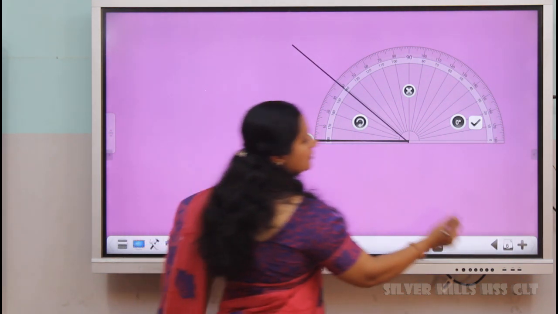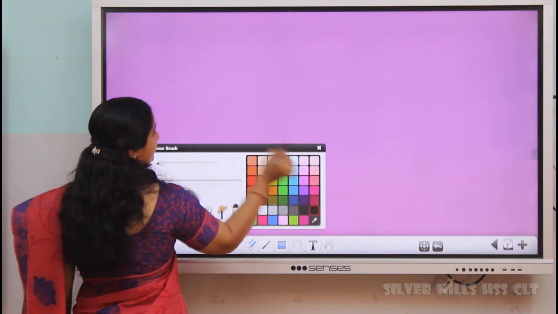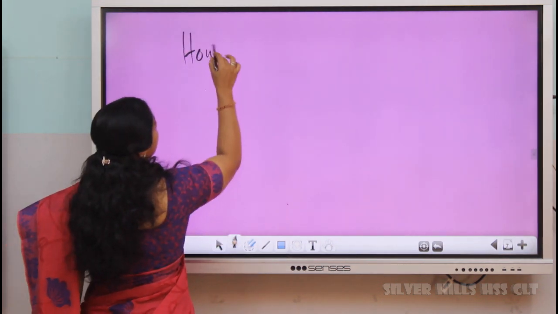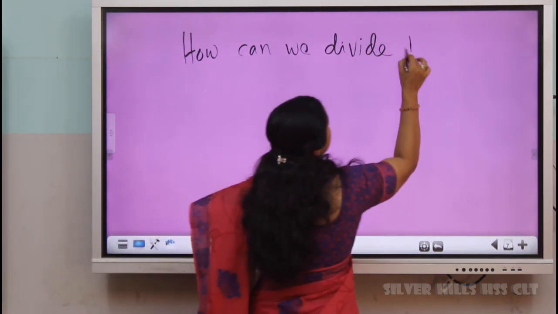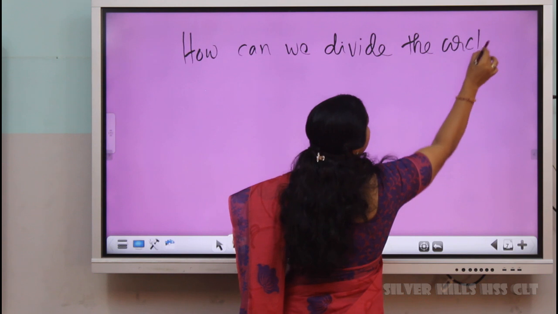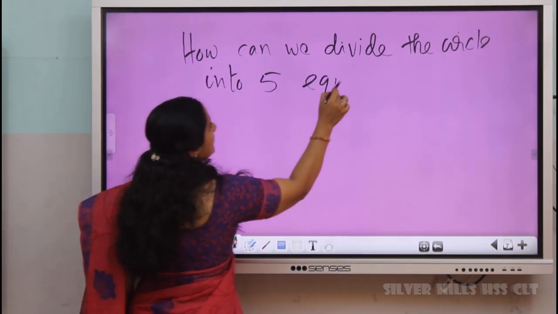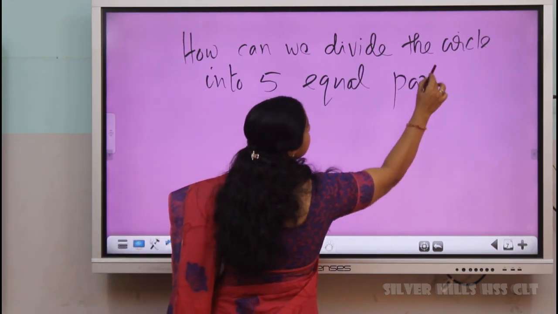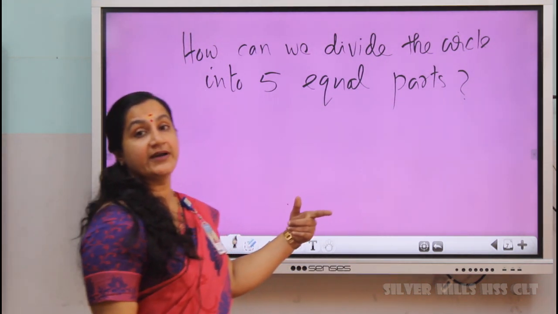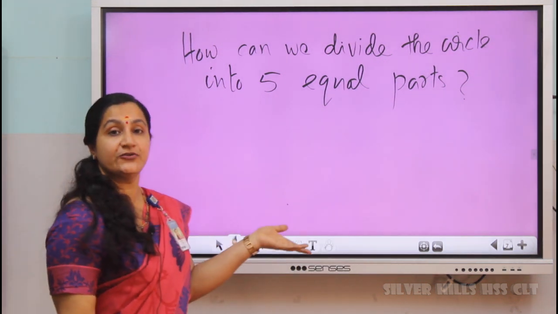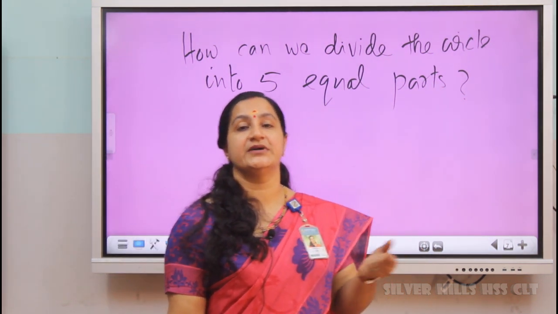Now come to the original problem. What was our question? How can we divide the circle into 5 equal parts? This is the original question. So, before dividing it into 5 equal parts, we have to find how much each angle measures.